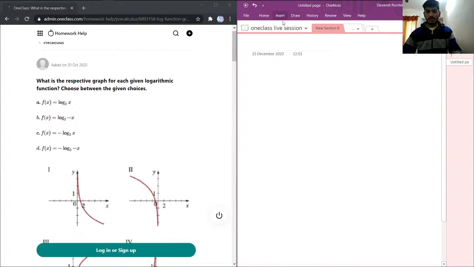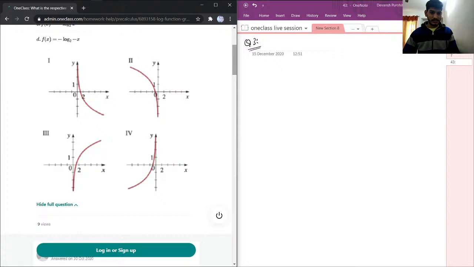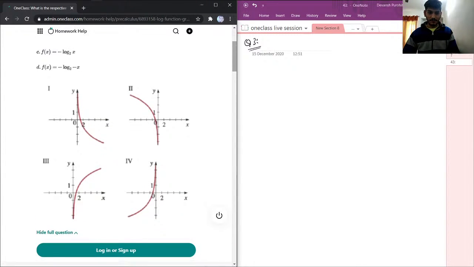Now we move towards question number 3. What is the respective graph for each given logarithmic function? Choose between the given choices. Here we have 4 choices and we have 4 graphs.